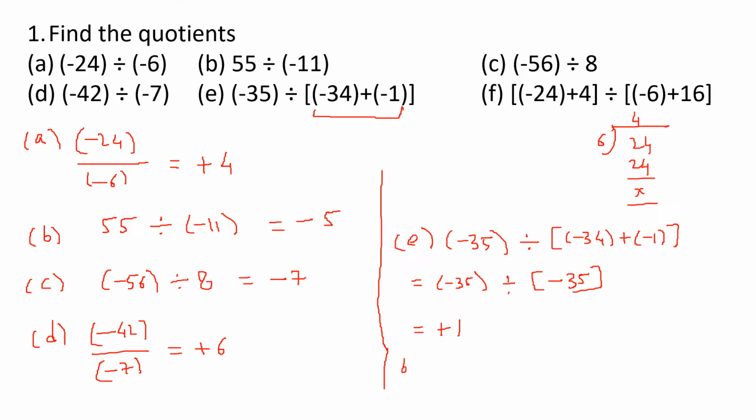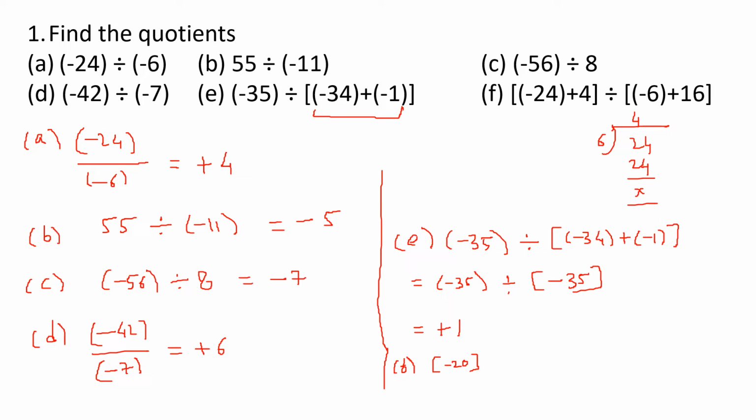Now the 6th question, that is the F part. You can proceed like this. Again you can see there are two addition questions involved. So let's first resolve the addition questions. So minus 24 and plus 4, how much? Since they are opposite sign, the result will be the difference of 24 and 4, and the sign will be that of the bigger number, which is negative, so it will be minus 20.